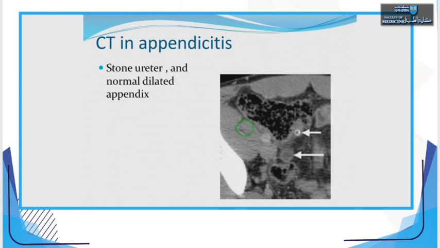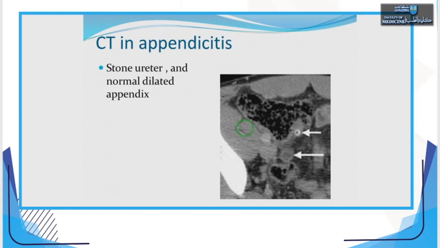Stone ureter can be diagnosed with a normal appendix, not a dilated appendix, but the stone ureter. So CT is very important in differential diagnosis of acute appendicitis. One of the most important differential diagnoses of acute appendicitis is right ureteric stone.